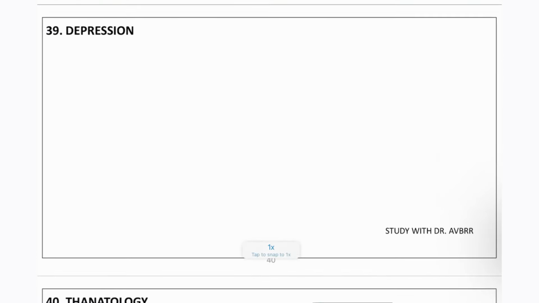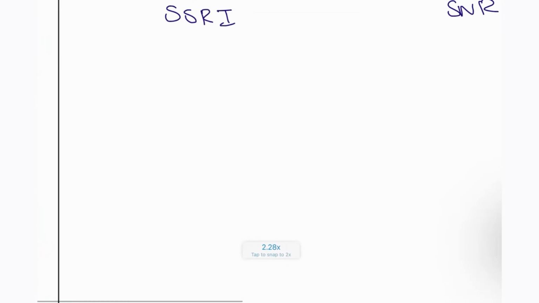Next, depression. The important points that you have to take note of are the drugs: first, SSRIs, SNRIs and atypical drugs. First, let's see the SSRI. This is the mechanism of action: you are going to block the reuptake of 5-HT.